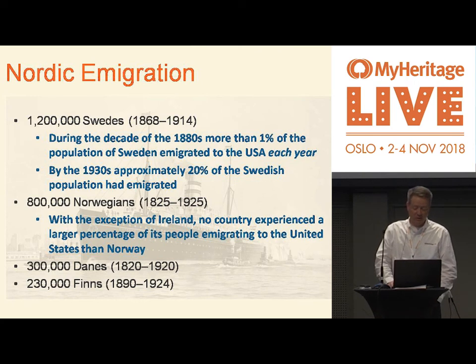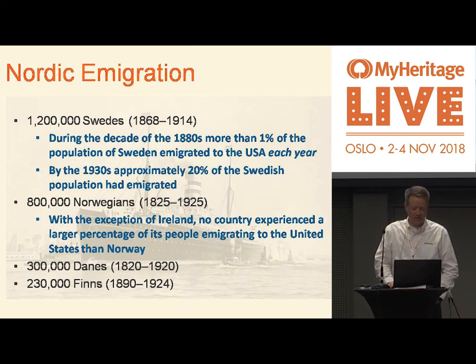Over 1.2 million Swedes left Sweden, particularly for the United States, between the period of 1868 to 1914, with the highest decade being the 1880s, when every year of that decade, more than 1% of the population of Sweden immigrated to the United States. By the 1930s, it's estimated that approximately 20% of the Swedish population had immigrated. So just a tremendous number of people. That's 1 in 5 people had left by 1930.